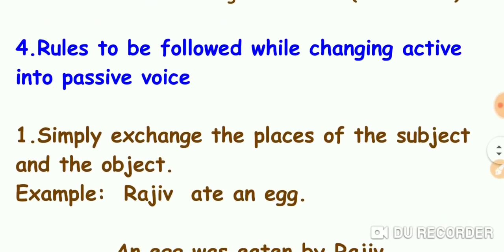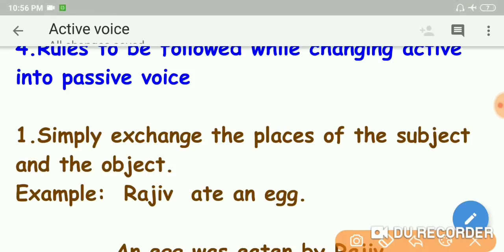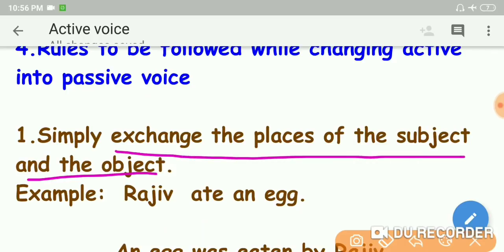So let us learn some rules to be followed while changing active into passive. First and foremost rule: we exchange the places of the subject and object. The subject goes to the object position, and the object comes to the subject position while converting from active into passive.